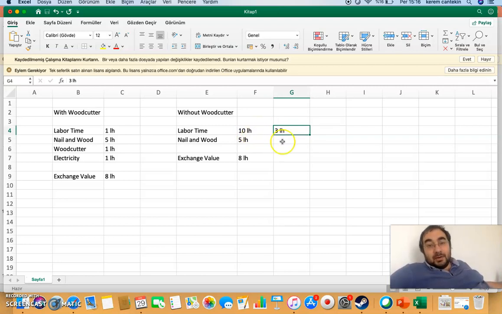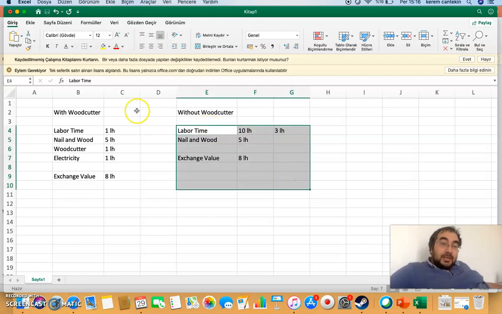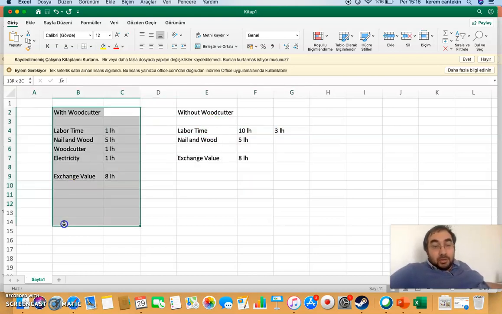So their 1 labor hour is worth 0.3 labor hours, or 18 minutes basically. So their 1 labor hour is worth 18 minutes of socially equivalent labor time. And this is not because they are lazy, this is because they cannot afford the latest technology.